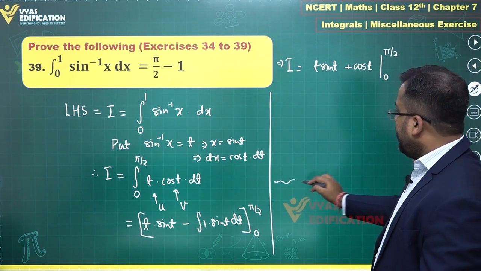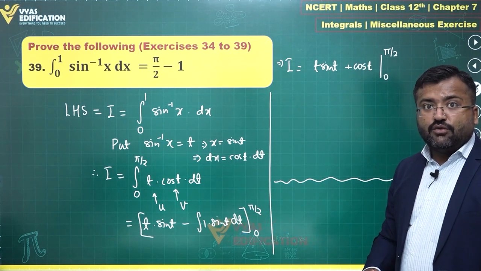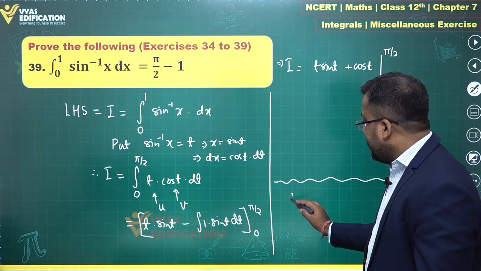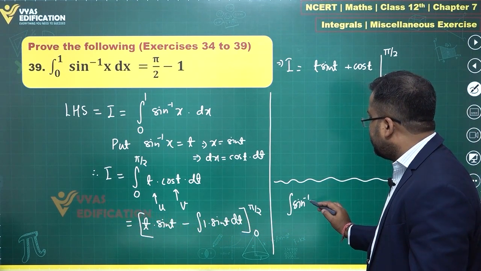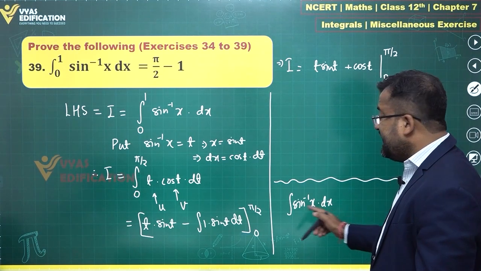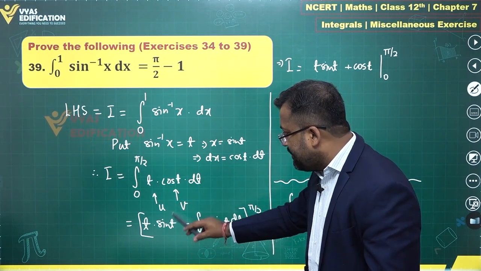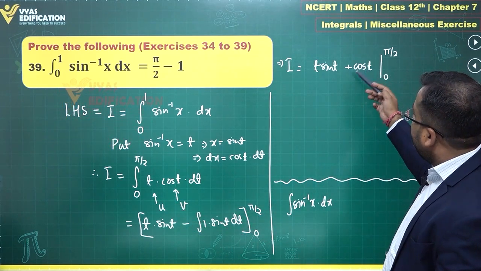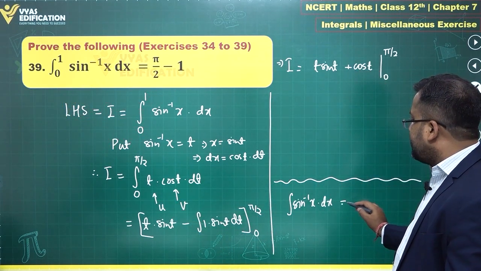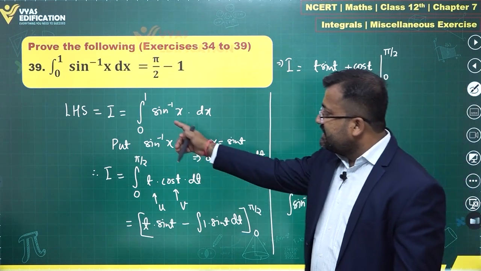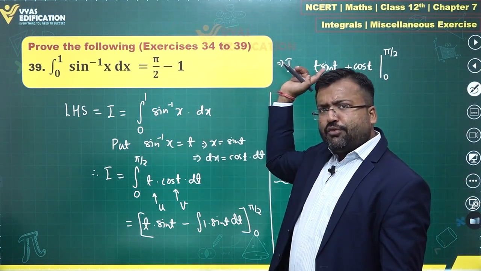Here I would like to discuss one more thing. I want to discuss the indefinite integral of sine inverse x dx. Up till now we have interchanged the limits, but at this stage, if we replace t in terms of x, you will get the integral of sine inverse x before you put the limits.